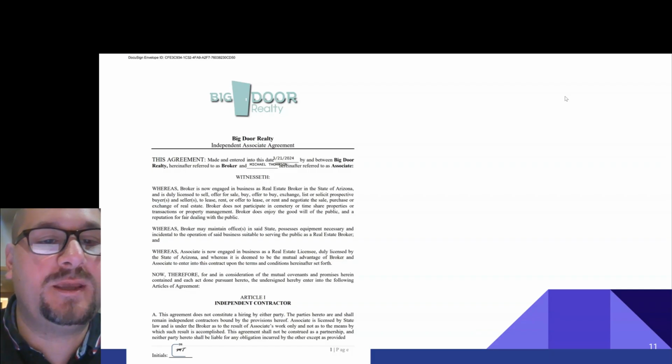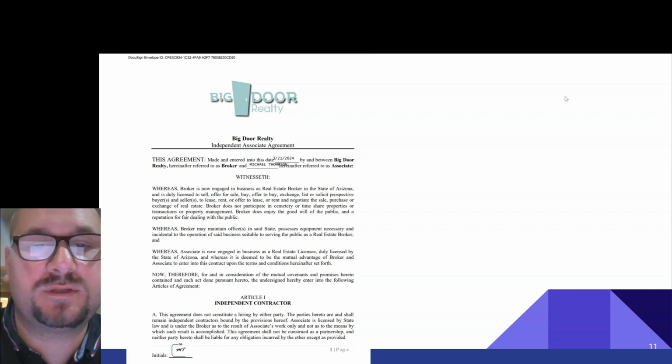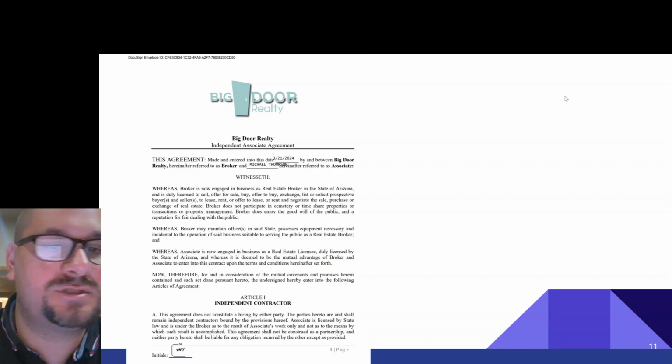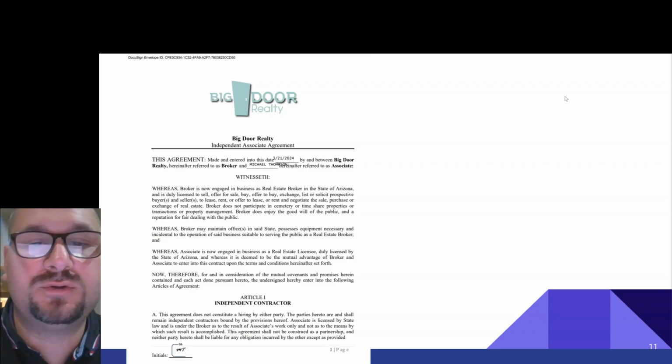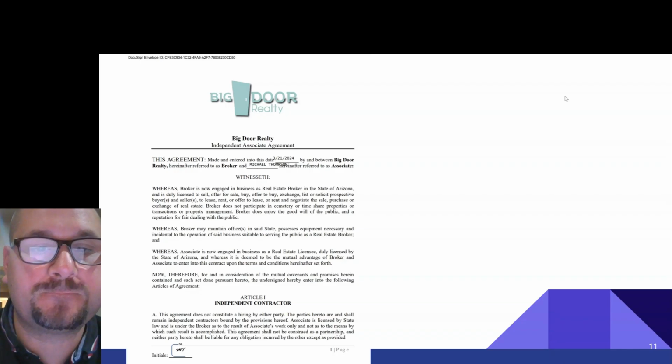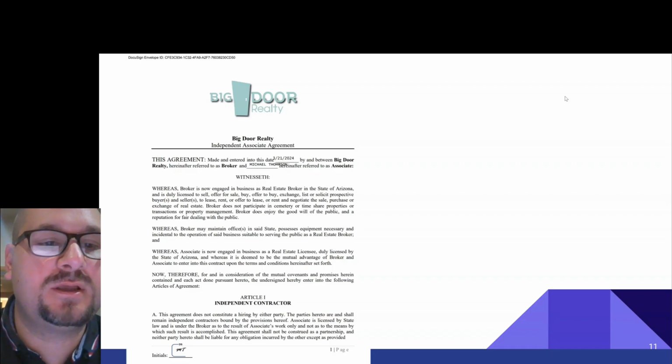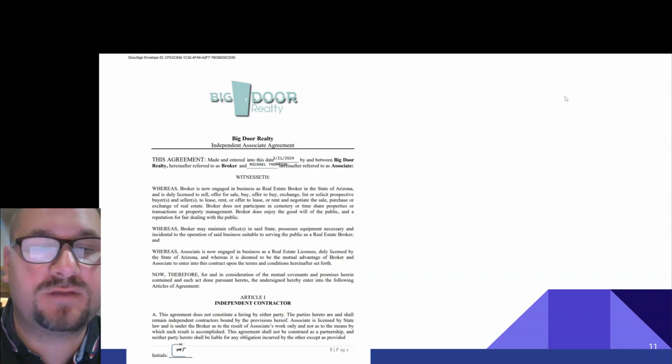Whereas broker may maintain office or offices in said state, possess equipment necessary and incidental to the operation of said business, suitable to serving the public as a real estate broker. And whereas an associate is now engaged in business as a real estate licensee, duly licensed by the state of Arizona, and whereas it is deemed to be the mutual advantage of broker and associate to enter into this contract upon the terms and condition hereinafter set forth.